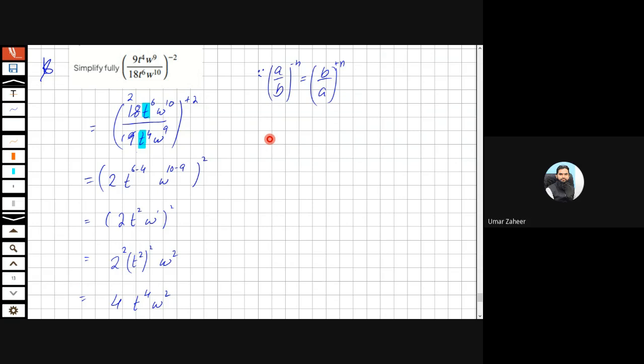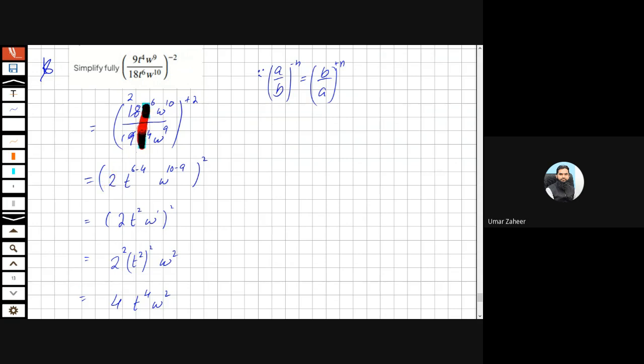All right, I will explain it again. In the very first step, I just took a reciprocal, so the negative 2 is going to become positive 2. The numerator will become denominator and denominator will become numerator. Here I have just done the simplification: 9 times 1 is 9, 9 times 2 is 18, you will get 2 here.